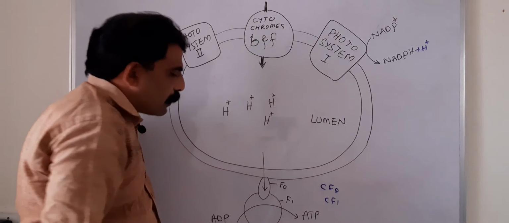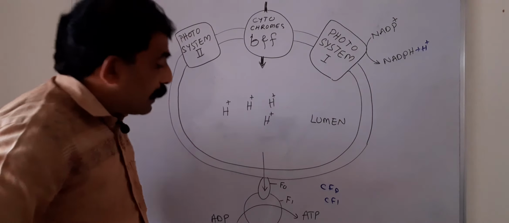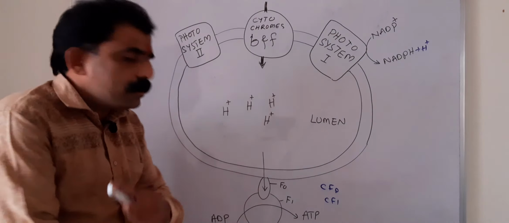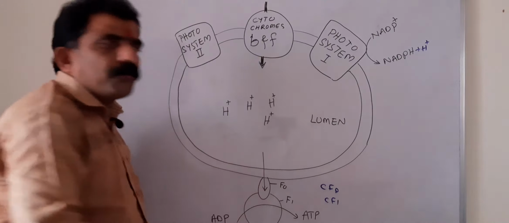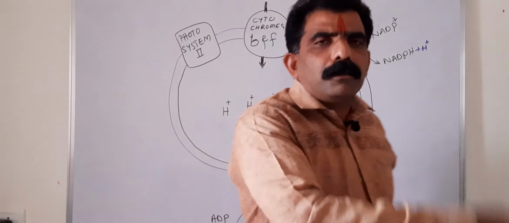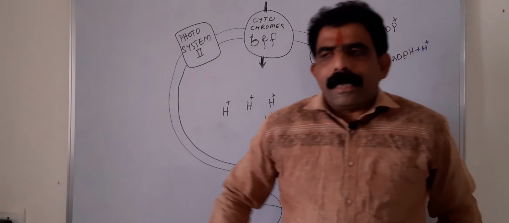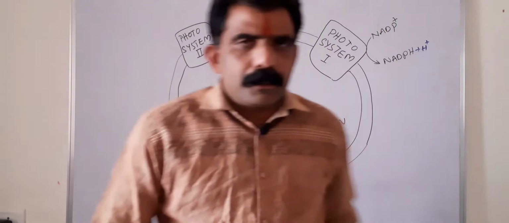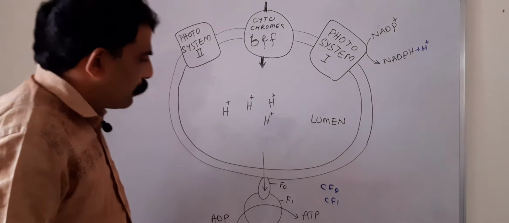When they are flowing back, they release energy. That energy causes conformational changes in F1, so that F1 can synthesize ATP. There, ADP and inorganic phosphate combine, resulting in the formation of ATP.